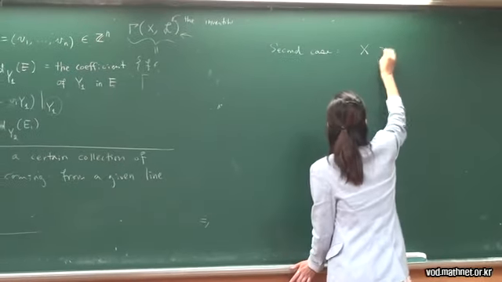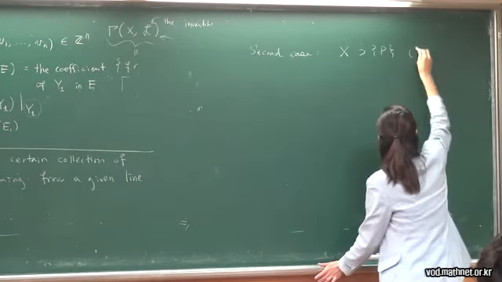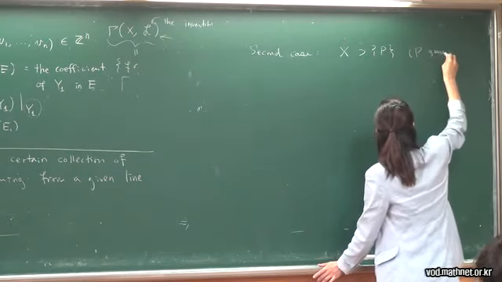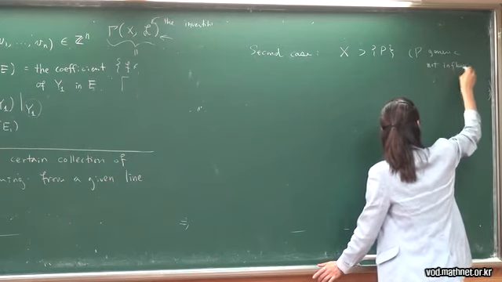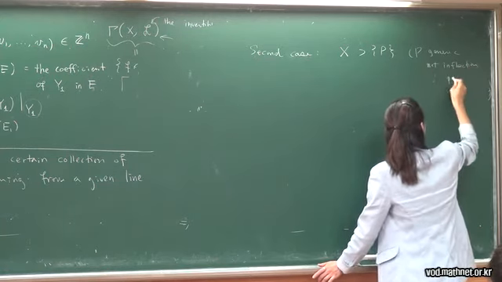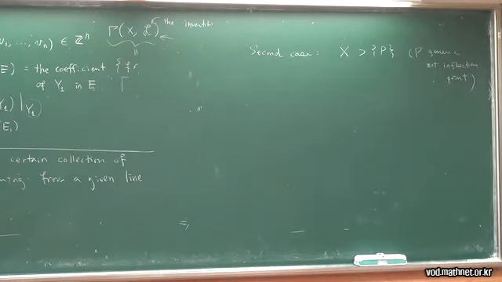So x and any other point. Let's say p. So p is generic, which means not an inflection point. There are only finitely many inflection points, so if you just choose randomly, you don't get inflection points.